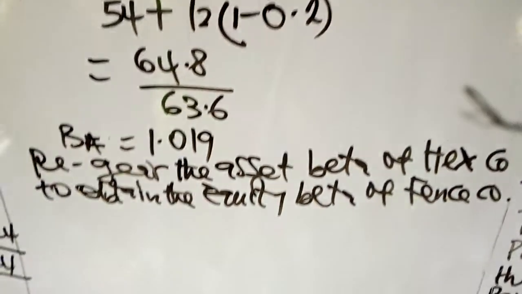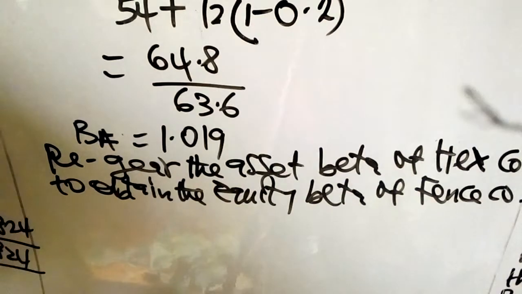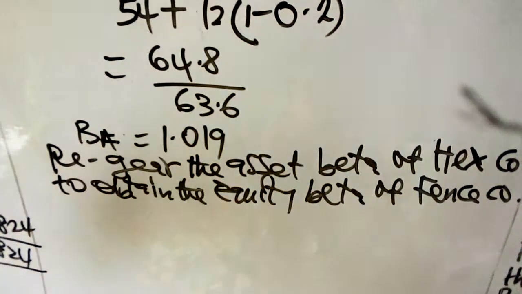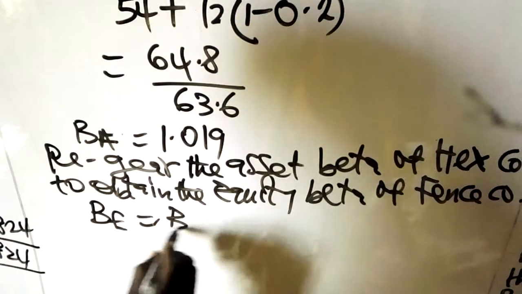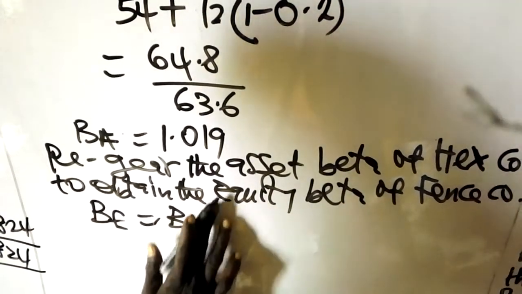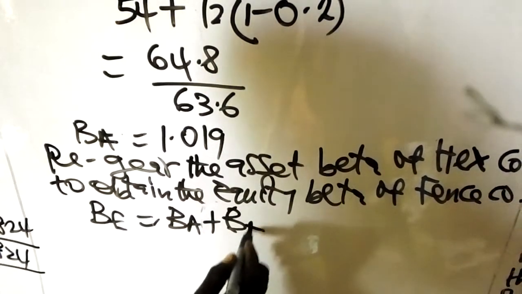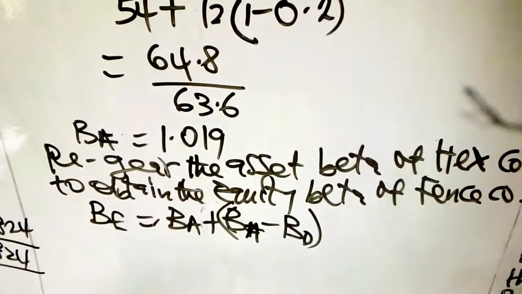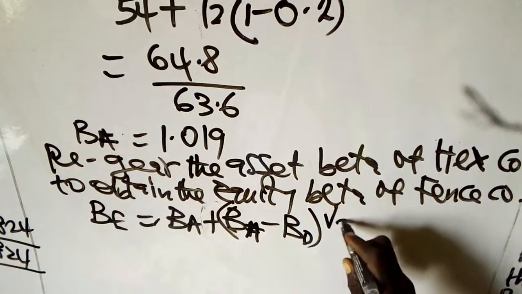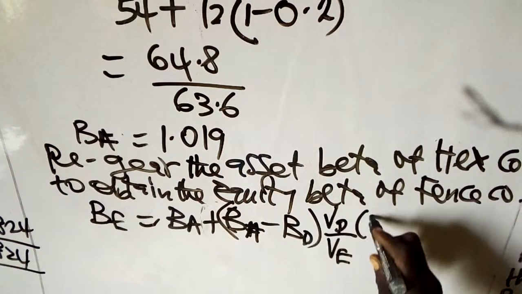You may use the formula I've given to you earlier, that the beta of equity equals beta of asset plus beta of asset minus beta of debt times value of debt over value of equity, and your debt must be post-tax.